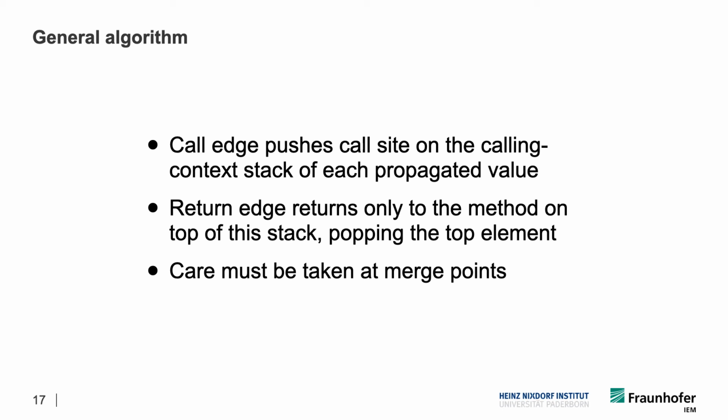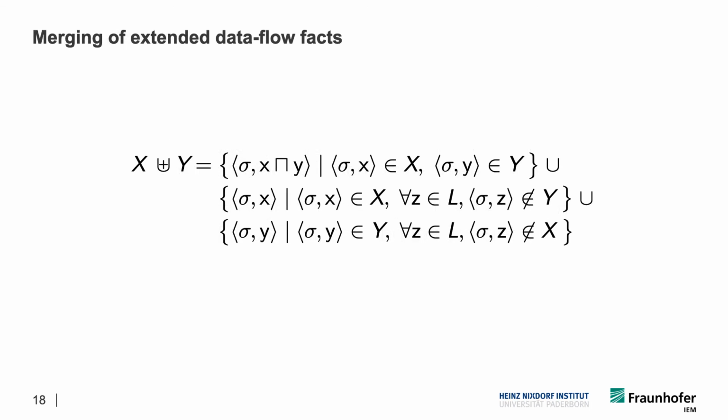That also means that we need to extend the merge operator to these extended data flow facts. We somehow need to tell the analysis what it means to merge calling context strings, and when it is correct to do so. When do we want to merge them and when not? In order to understand this, let's take a look at the following equation.